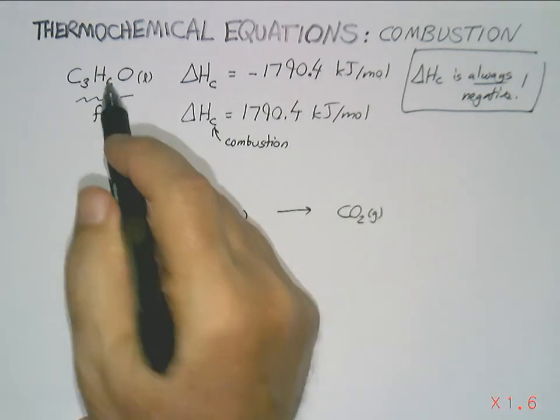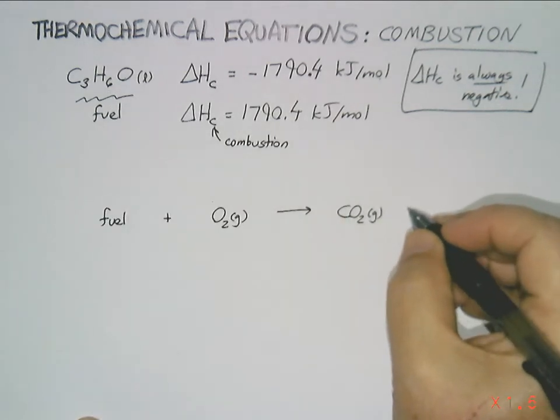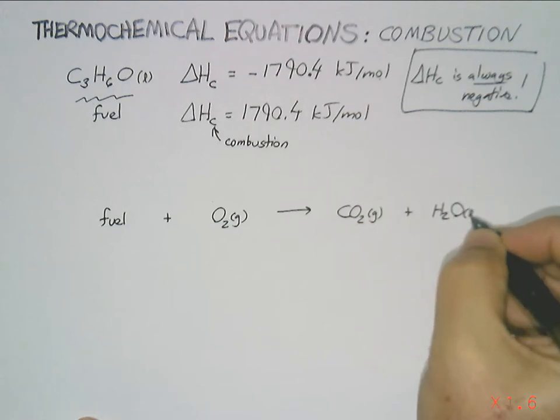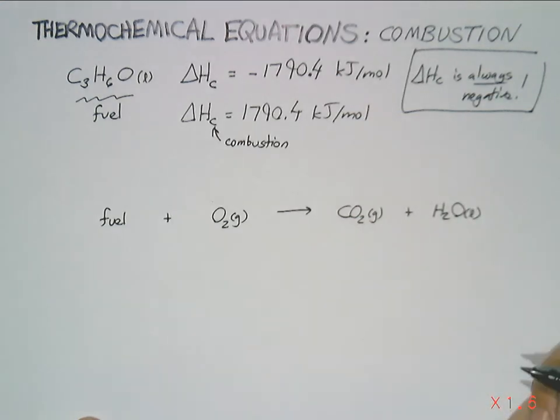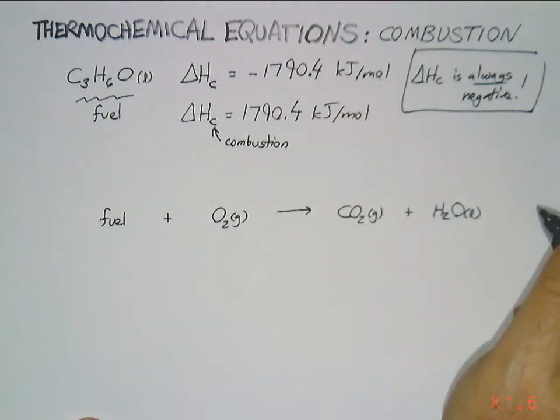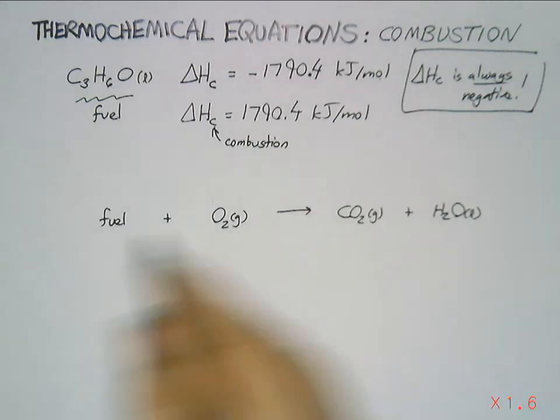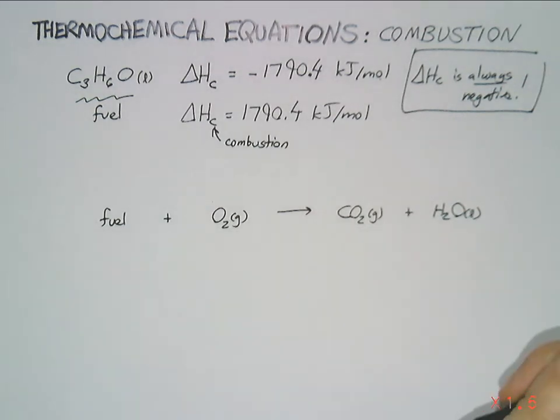And all of the hydrogen in the fuel is going to turn into water liquid. If there are other elements present, there can be other products. For example, if you have sulfur in the fuel, you can get SO2 gas. But let's talk about that later. All right, so here's your basic template for a combustion equation.